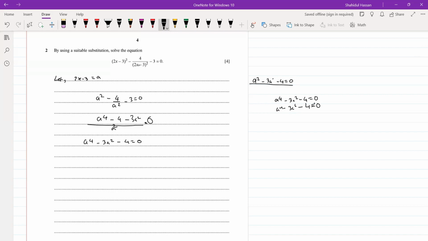So if you do middle term here, 4 into a is 4a, minus 4a. So I can take minus 4 plus 1 to make it minus 3. So we have a to the power 4 minus 4 plus 1 minus 3 a to the power 4 minus.